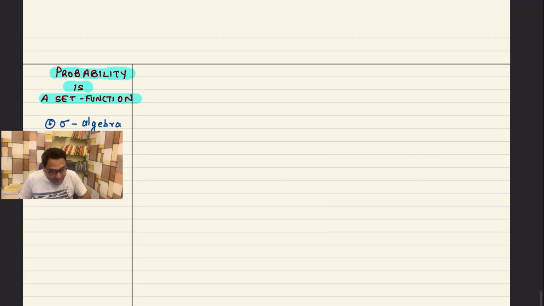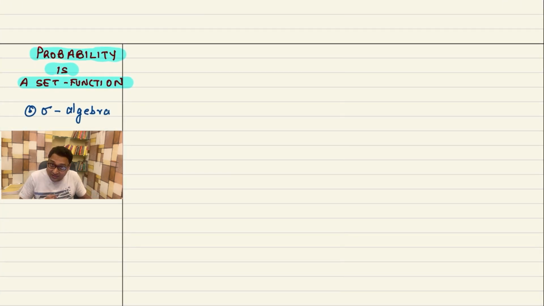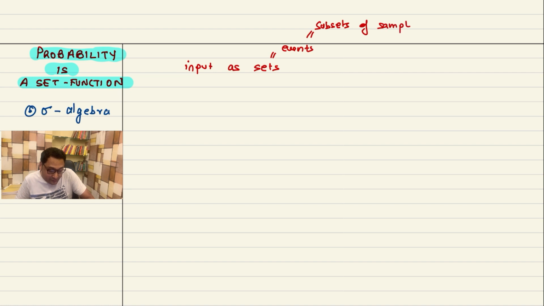So probability is a set function. It means that it takes input as sets, which are, by the way, also known as events. They are subsets of the sample space. Remember, the entire sample space omega is a subset of itself, right?